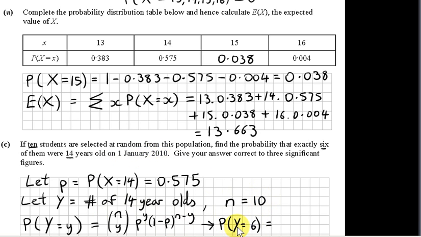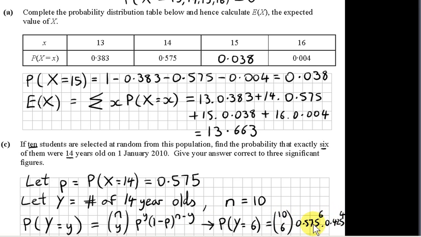So we want the probability that y equals 6. N is 10, so we have 10C little y, which is 6, times p, which is 0.575, to the power of little y, which is 6, times 1 minus p. 1 minus 0.575 is 0.425, and we have to raise that to the power of n minus y, where n is 10 and y is 6, so 10 minus 6 is 4.